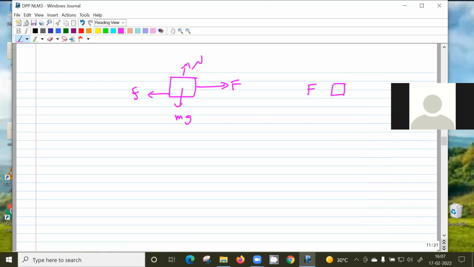So I have to compare this F with this friction force, and this friction force will vary from 0 to the maximum limiting value, and then it will become kinetic friction. So I have to find this F max so that I can see whether the capital F can exceed this F max. So F max is mu s into N. This is a standard result.